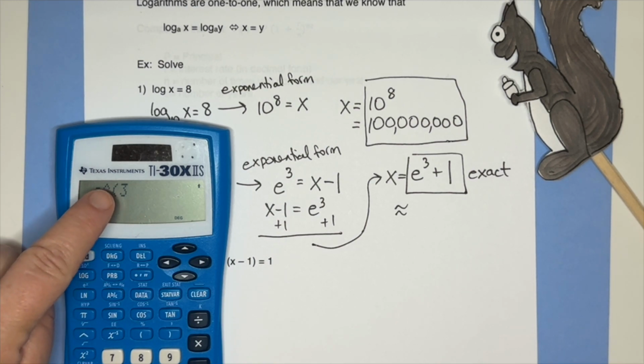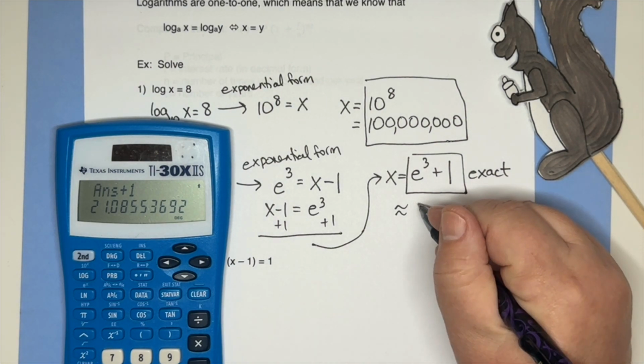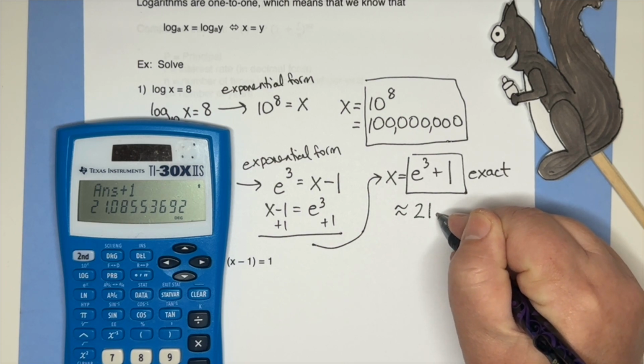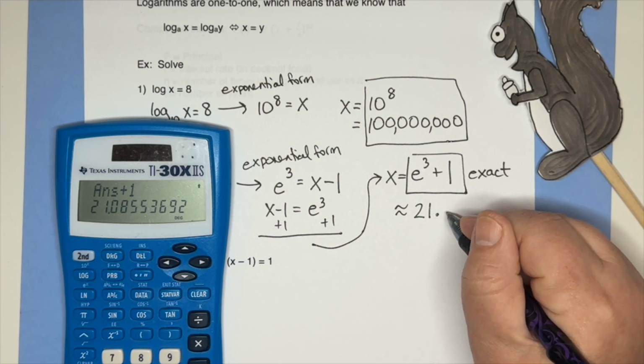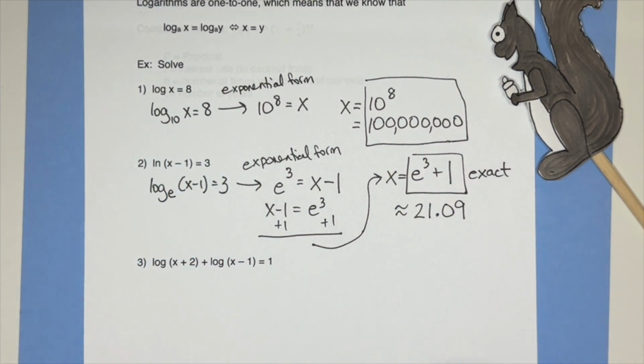The way mine does it, I need to close the parentheses. Then I'll probably hit enter to find that value and then just add 1. If I'm going to round that, that would be about 21.09 or so.